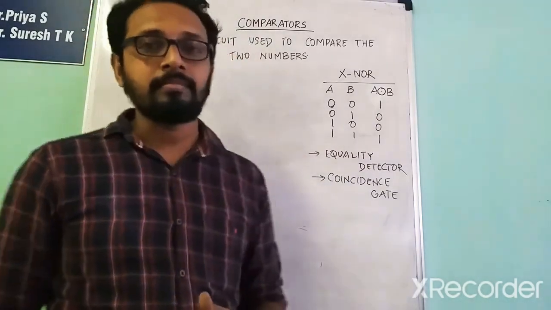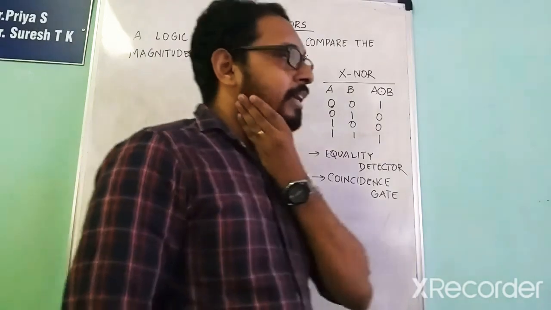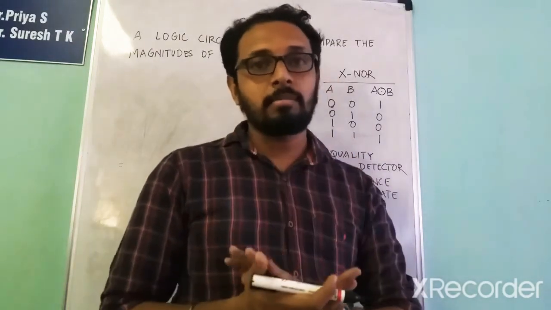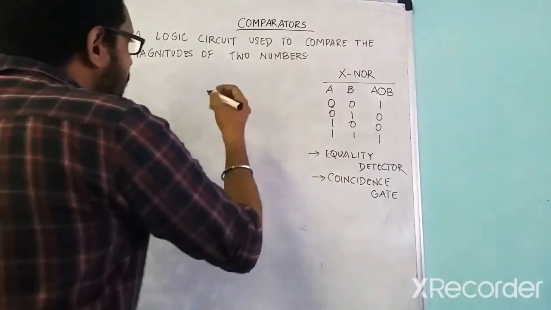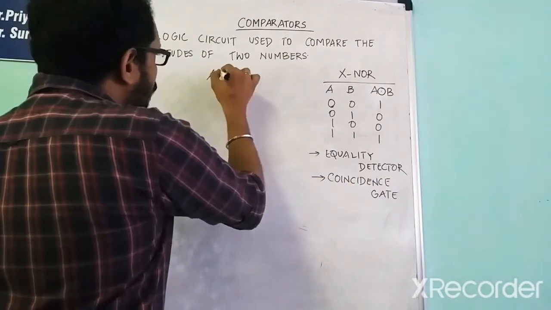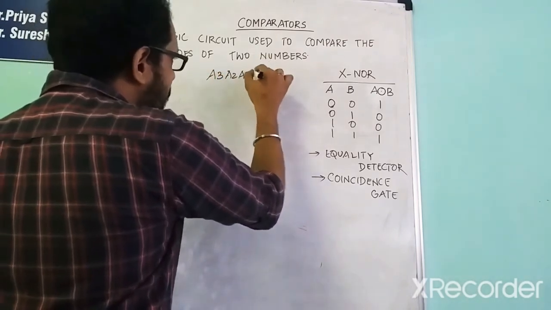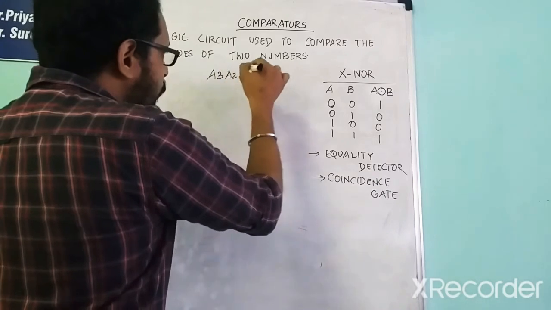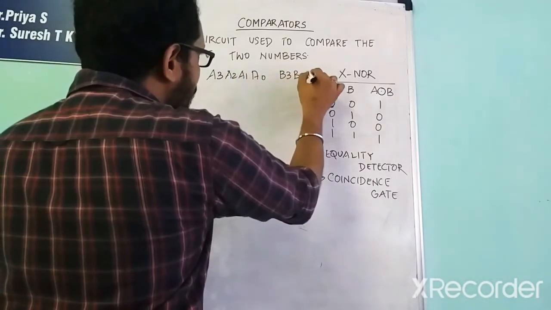Then, about our problem: how can we say that two sets of numbers are equal? Let me give you an example. We have two 4-bit numbers, A3, A2, A1, A0 and B3, B2, B1, B0.